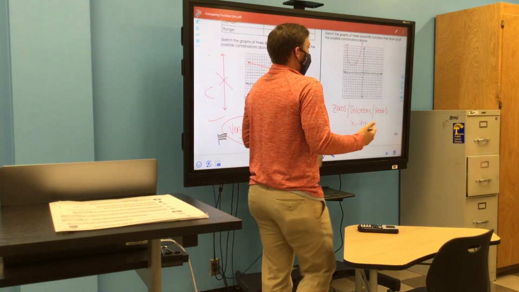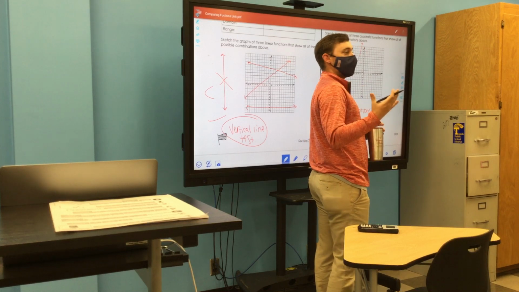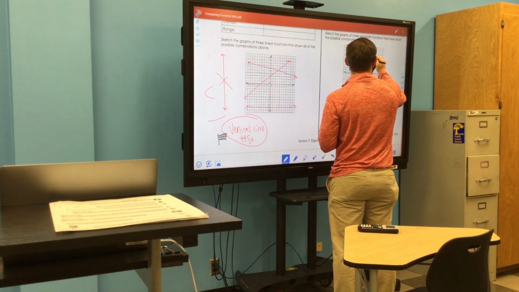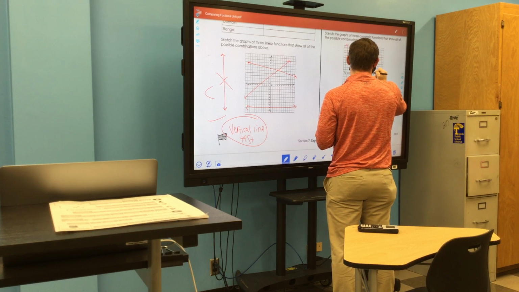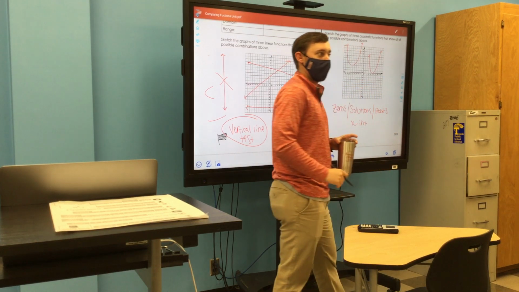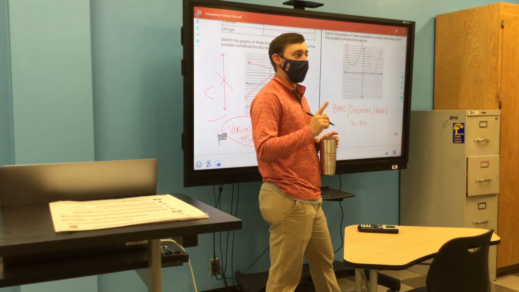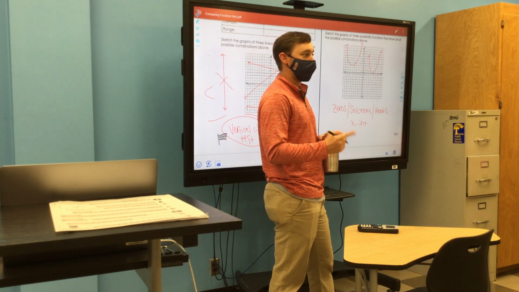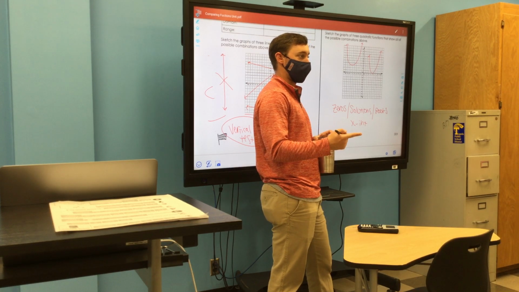Now, we also said that we could see 1 solution. That would be like us seeing a parabola that comes down here and just touches and then heads back up. It's just going to touch our x-intercept 1 time at that spot. That's an example of 1 solution, 1 root, 1 x-intercept.